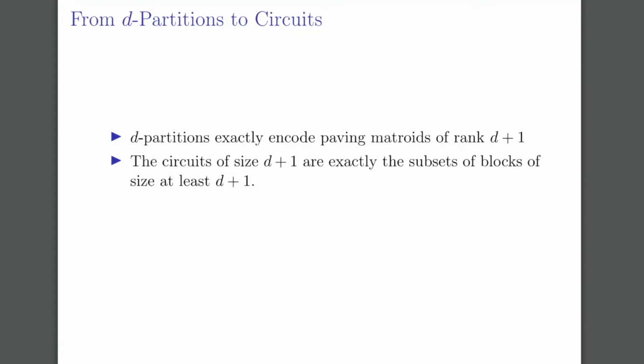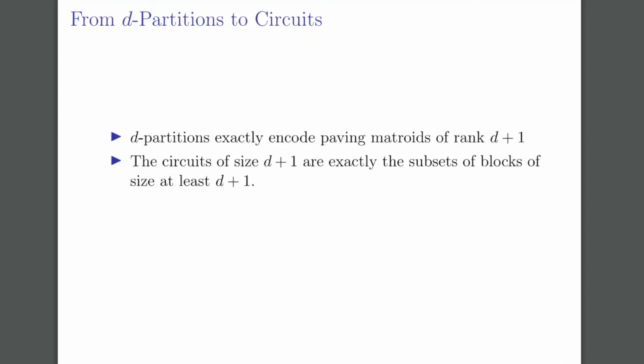If you give me a d-partition, it has sets of size d, and it has sets of size d+1 and greater. I want to look at the sets of size d+1 and greater. If I have a block of size at least d+1, I can take all of its d+1 subsets, and that's my circuits of size d+1.